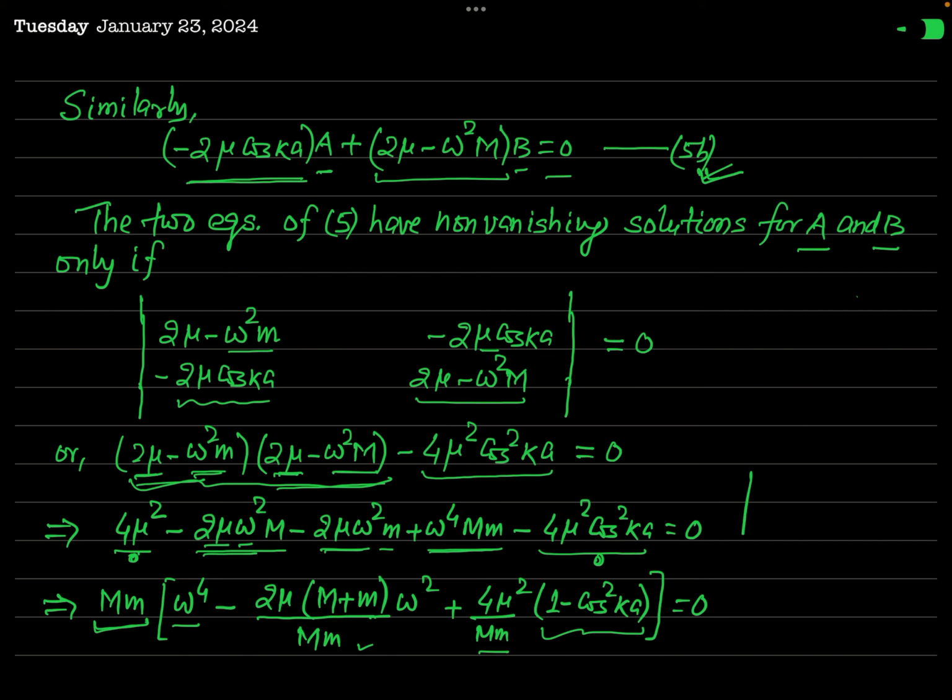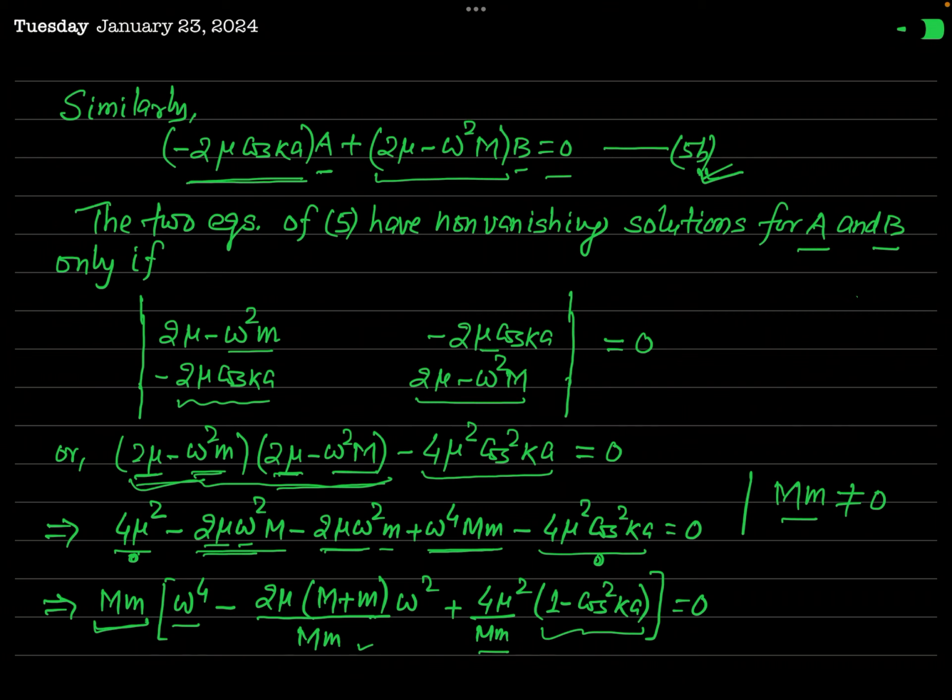Now you know neither capital M nor small m is 0. So this product is not equal to 0. Okay. And as the result is 0, so if M times m is non-zero, definitely the factor inside this square bracket must be equal to 0. Okay, must be 0.